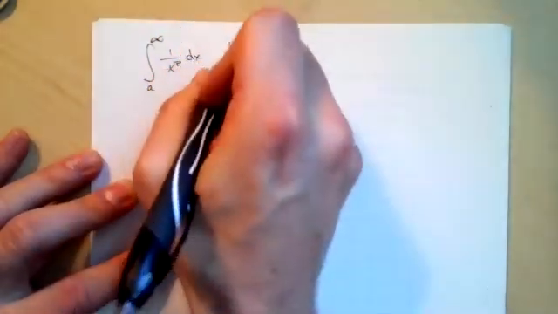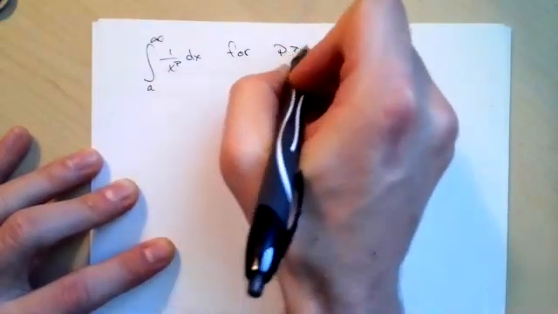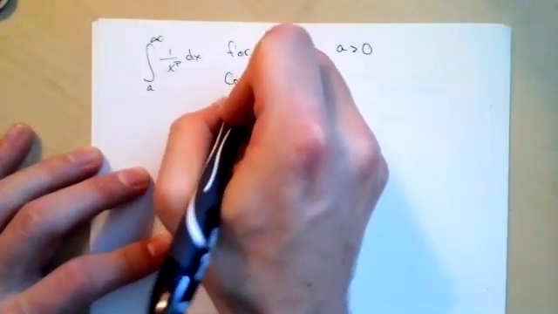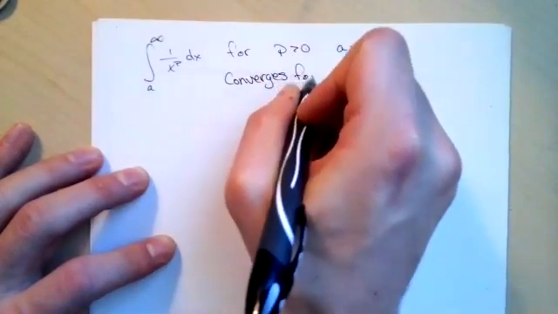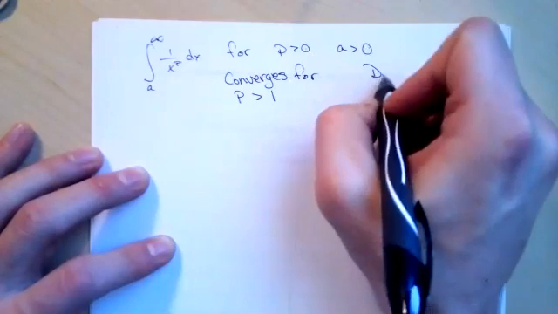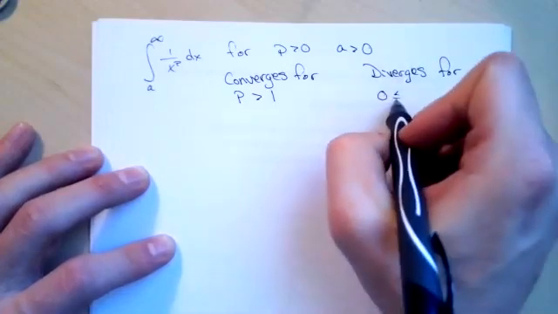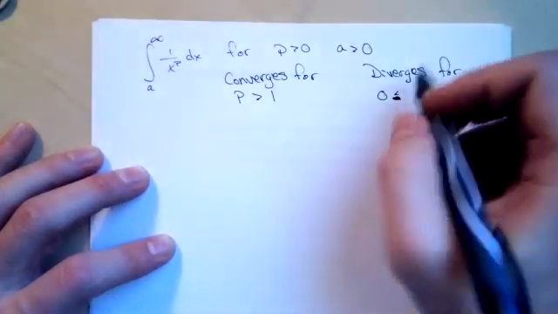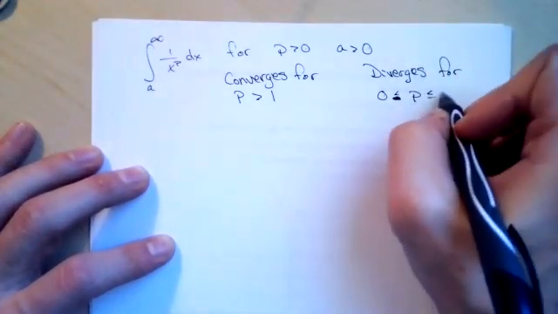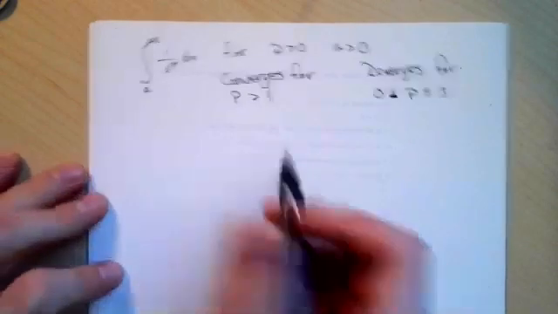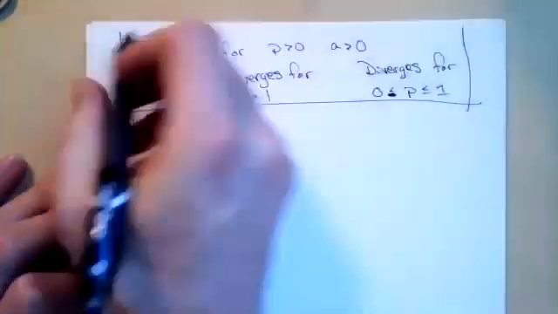So the integral from a to infinity of 1 over x to the p dx, for p bigger than 0, a bigger than 0, converges for p bigger than 1, diverges for, I guess we shouldn't have equal to 0, it wouldn't be wrong, for p between 0 and equal to 1. This is our p-test.